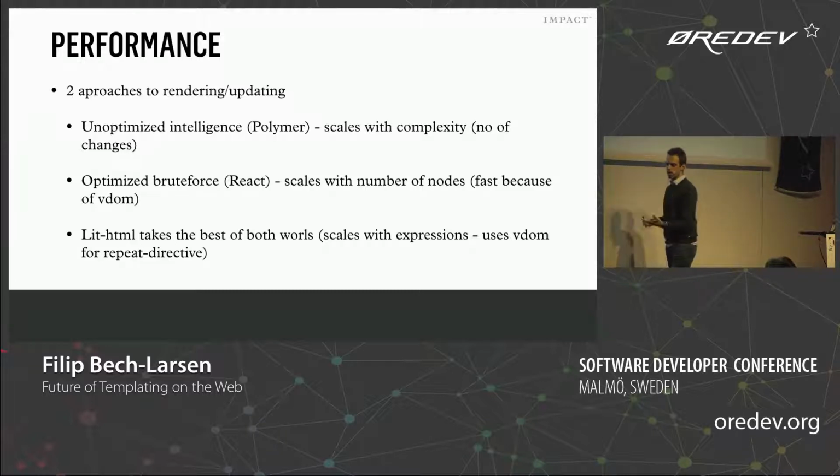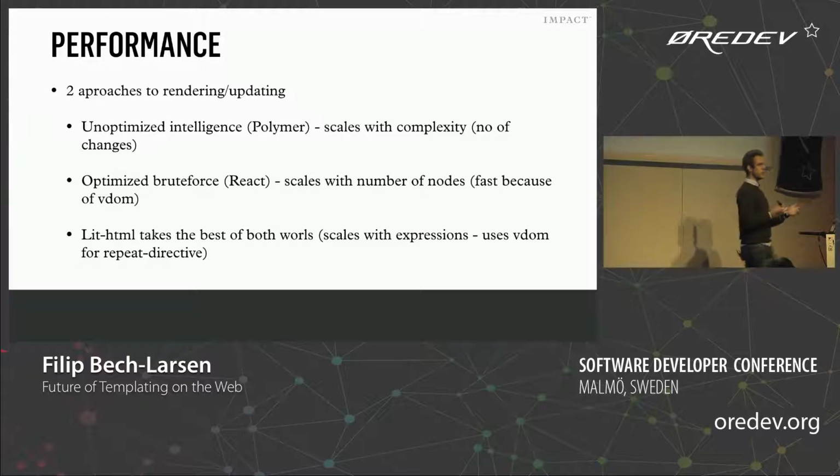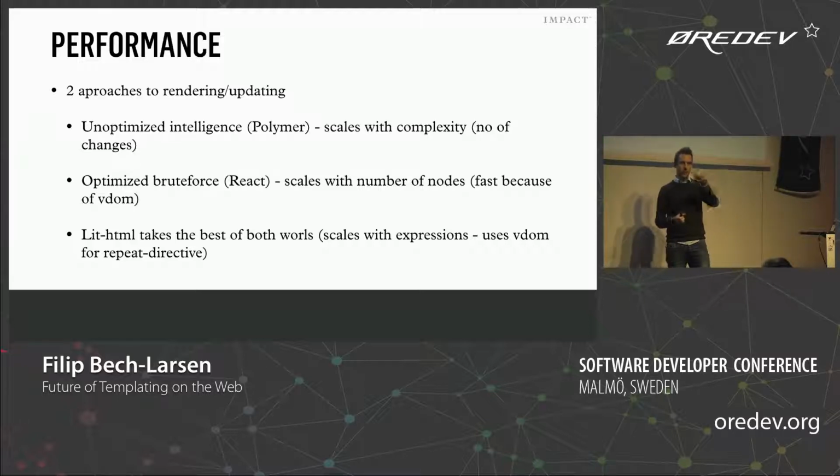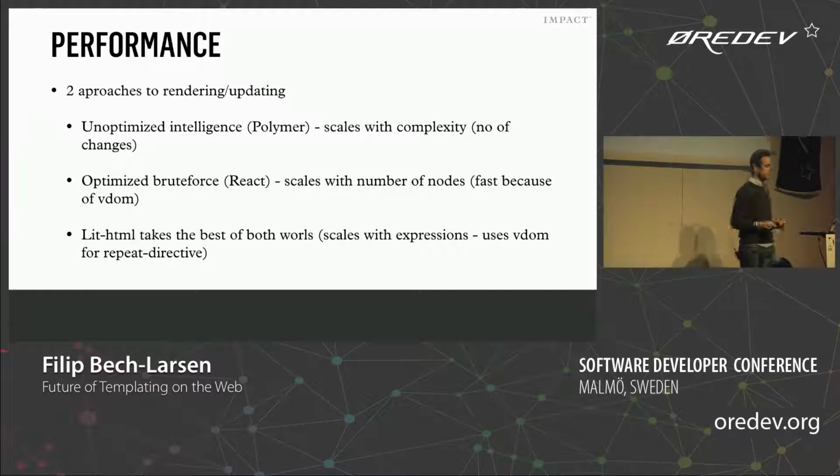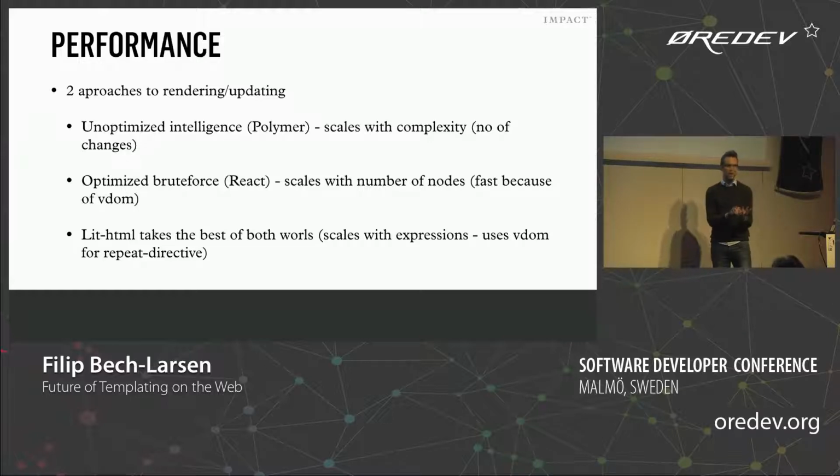And because we actually get passed all the arguments with the values in them, we can pretty easily check what the values are compared to the old ones. Then we do something a little bit familiar to how the React story works, but we only diff the dynamic parts. And when we find the changes, we update the DOM accordingly. So it tries to take the best from both worlds, and that's how it gets its speed.